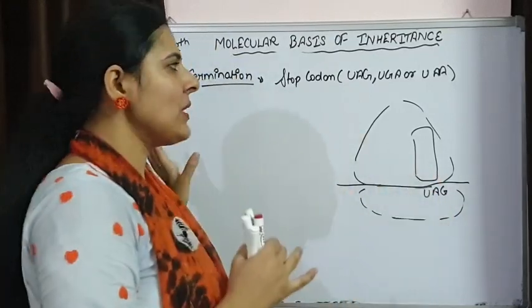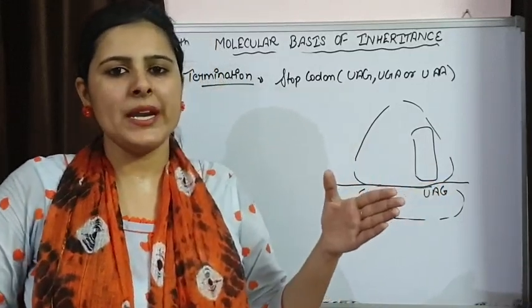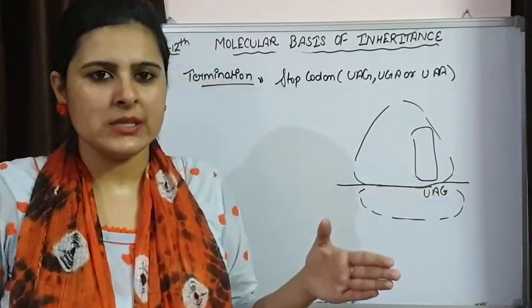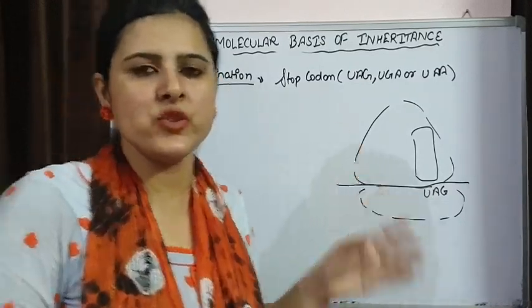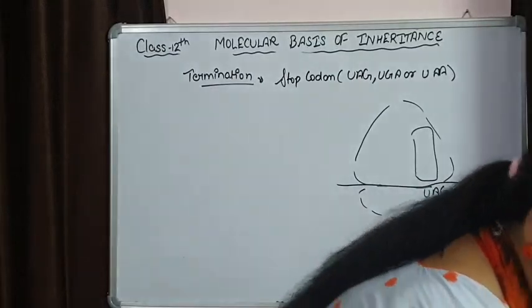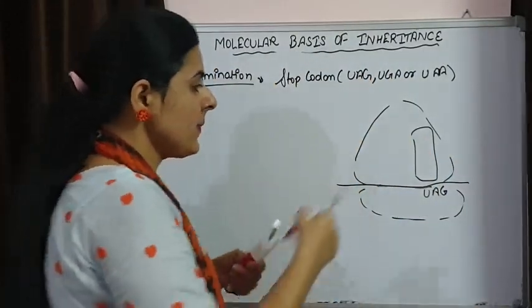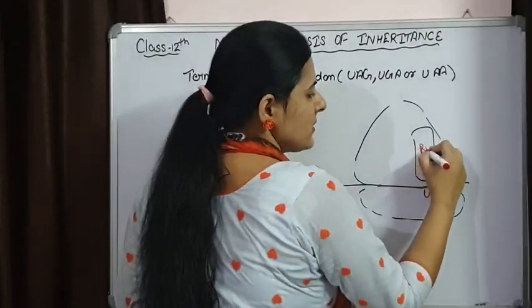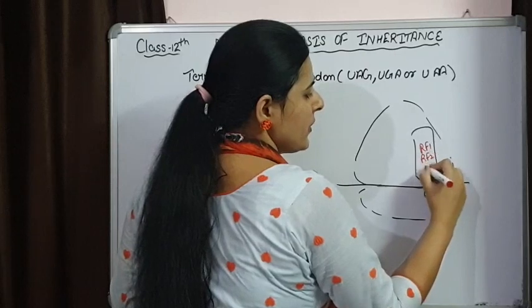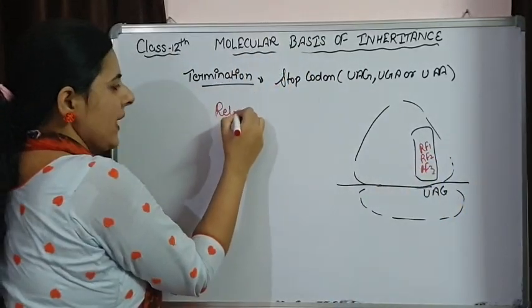So if no amino acid is going to be added, that means further elongation of polypeptide chain will not take place. And if further elongation is not taking place, this process has to be stopped over here. So for this stop codon, various releasing factors RF1, RF2, RF3, these are releasing factors.